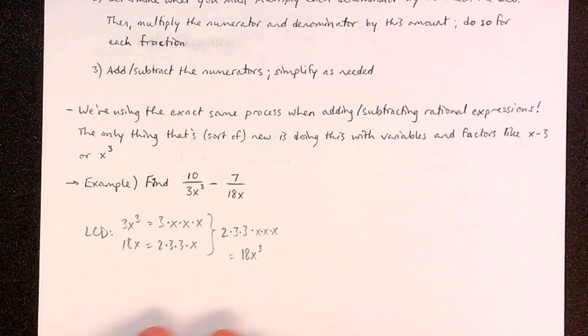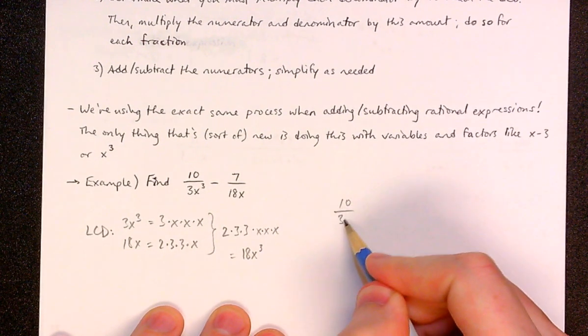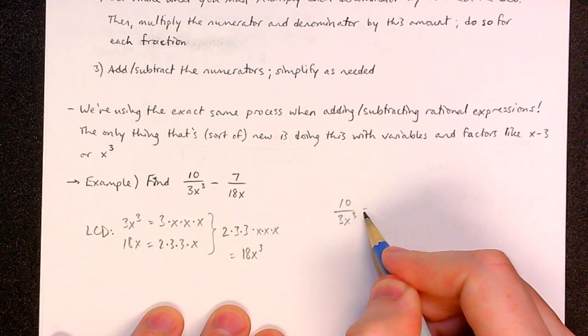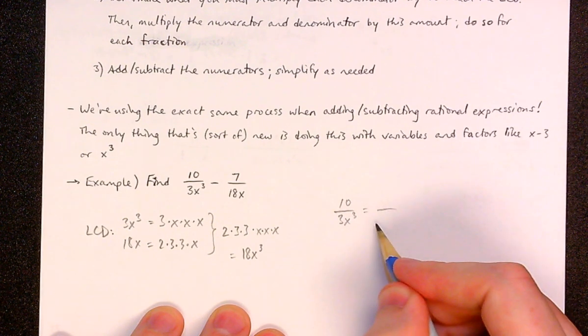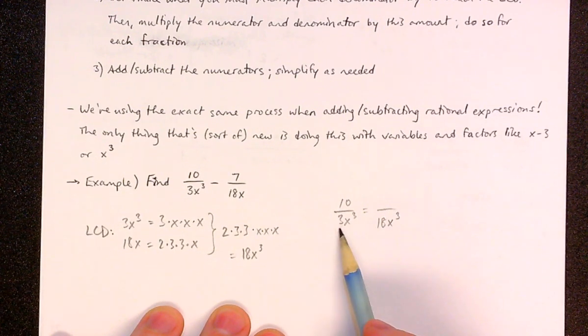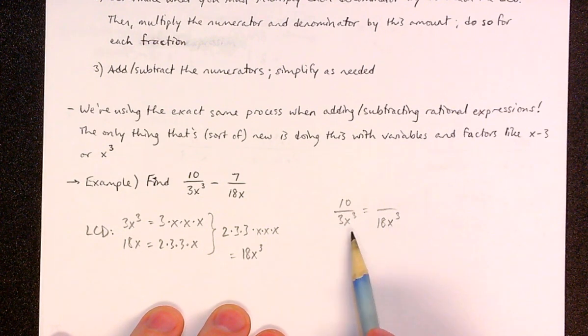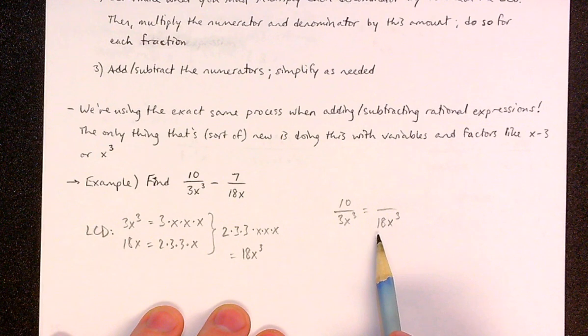Now, I have to look at each of these rational expressions and say, okay, I want to go from 3x cubed to 18x cubed. What do I have to multiply to go from this guy to this guy?